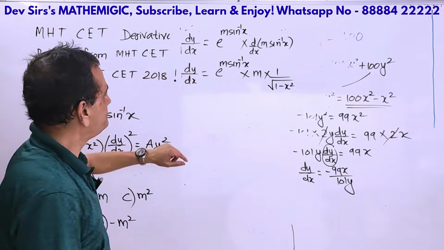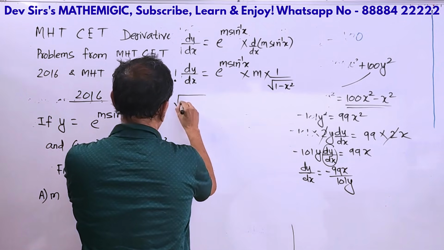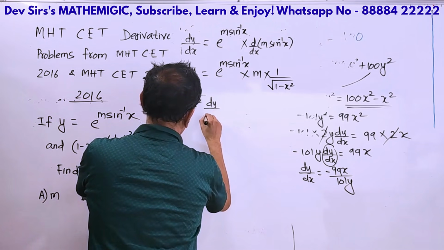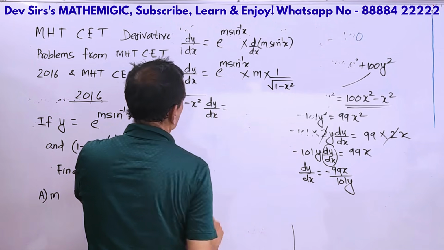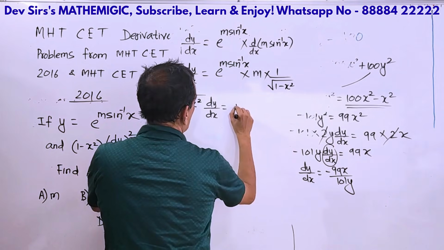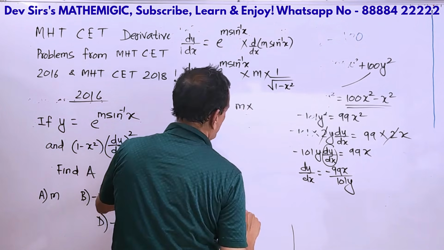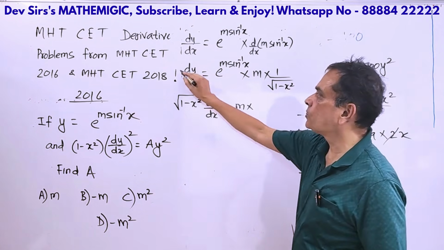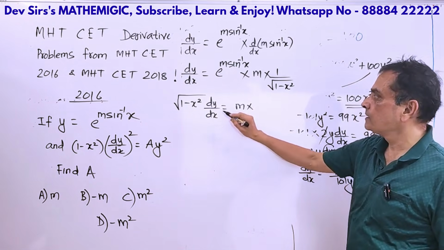Cross multiply. Okay. Now the important thing is root of 1 minus x squared I have taken over here. Dy by dx is here.